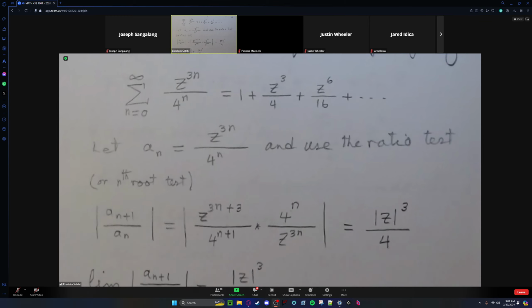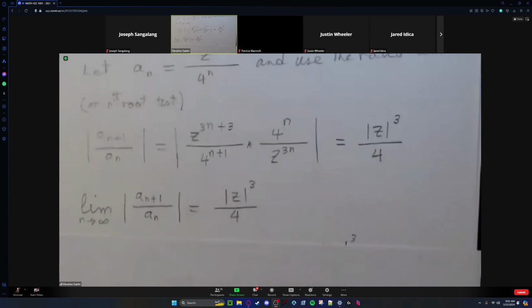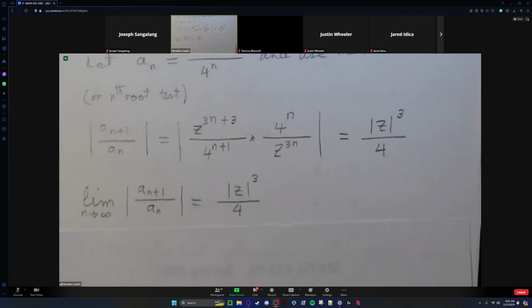Now, when you take limit as n approaches infinity, this is the limit. By generalized ratio test, if this is less than 1, the original series converges absolutely, all right?